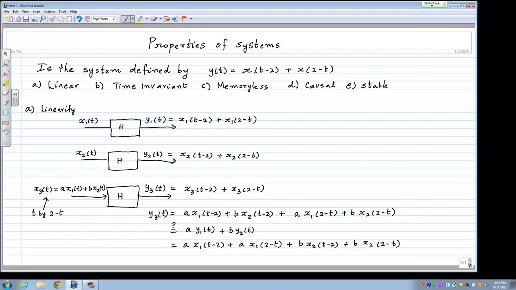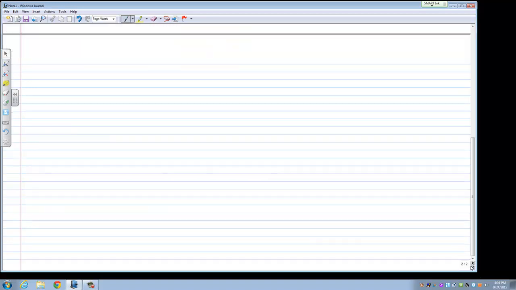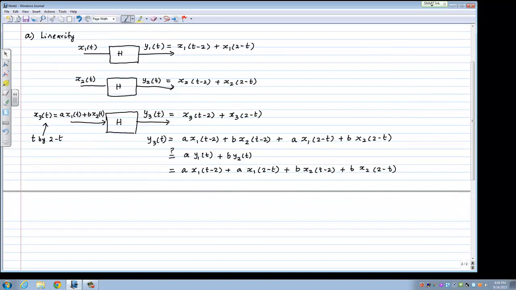Does that make sense? Now, of course, we can see that these two are indeed the same.